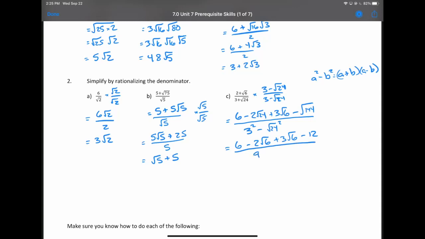And on the bottom, we just get 9 minus 24. So on the top, we look at just the whole numbers. We got the 6 and the minus 12 gives us negative 6. Minus 2 root 6 plus 3 root 6 is plus 1 root 6. And on the bottom, I think we got negative 15.